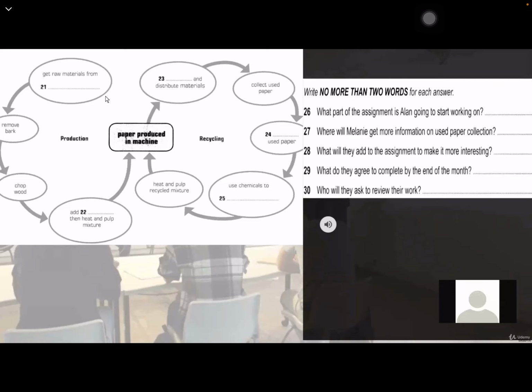So we're going from 21 all the way to 30. Of course, with this one, they break it into parts. First, you'll do 21 to 25. Then they'll stop the audio and give you time to look at 26 to 30, and then start the audio and you answer 26 to 30.